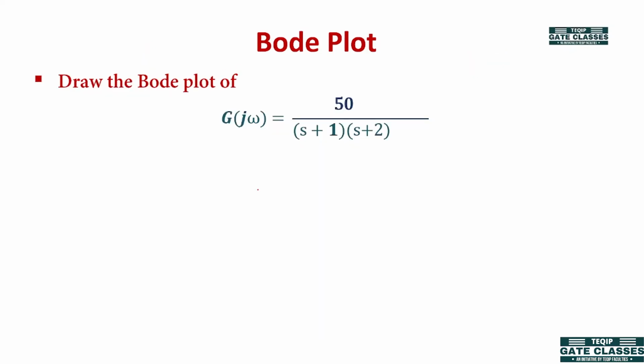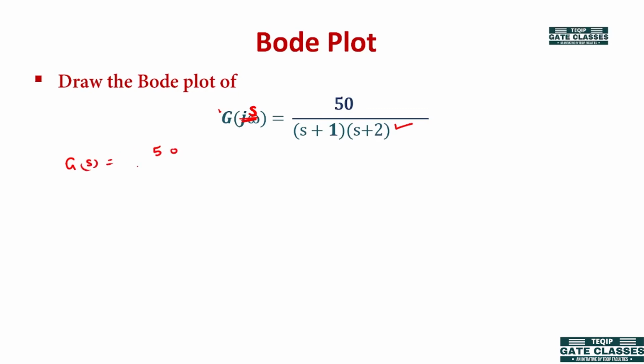Let's take one example to draw the Bode plot. We have the open loop transfer function G(s) equal to 50 upon (s plus 1) into (s plus 2). This is not in time constant form, so first we convert it into time constant form.